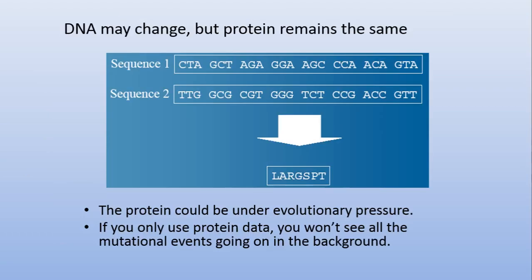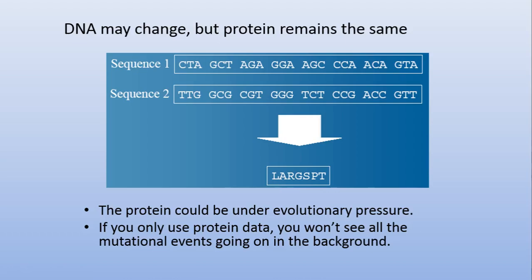There is also another observation that DNA may change, but the protein that it codes can remain the same. Say, for example, there are two DNA sequences shown here, but they code for a single protein, or a protein with a single sequence.